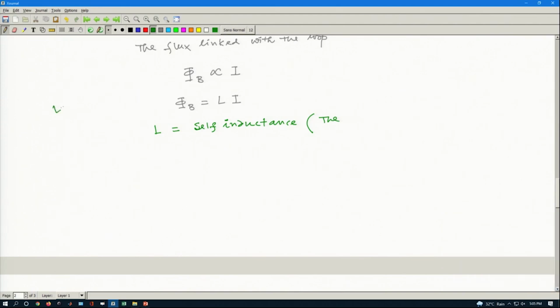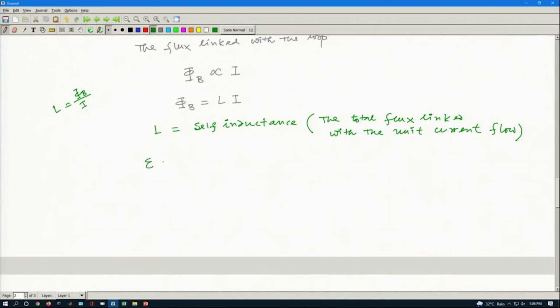So, L is eventually phi B divided by I. The total flux linked by unit current flow is defined as L, the self inductance.